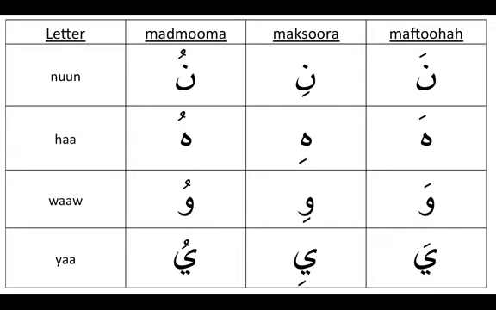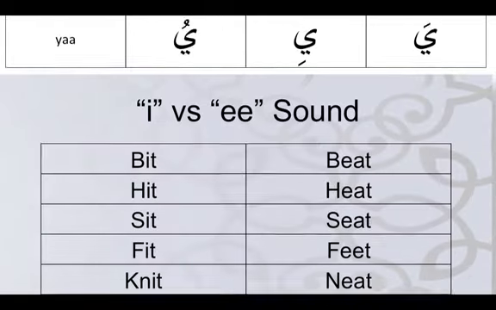You should do this first in row format just like I did and then in column format just like I did, and repeat it. Go rewind the video, just repeat it again and again, and you will start to know the sounds of the three vowels, the three diacritical marks that we are learning today.